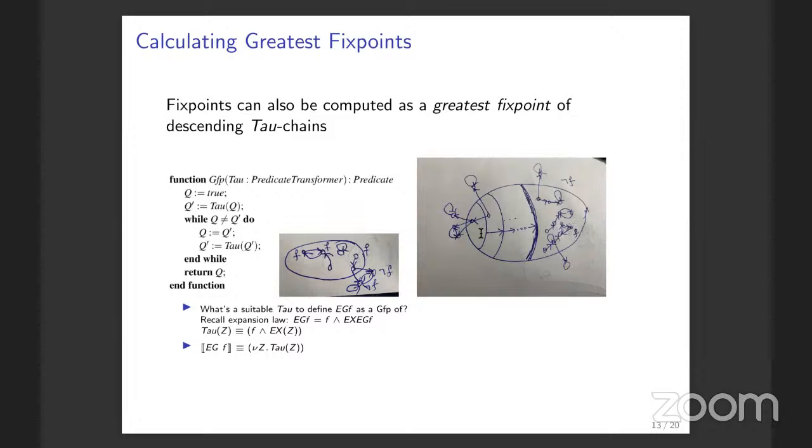Since you're expressing it as a greatest fixed point, you are getting rid of those states that lead to something that does not satisfy EG of F in one or more steps. And that's what you're doing. And when you're done, what you have is all the lassos in your fixed point.